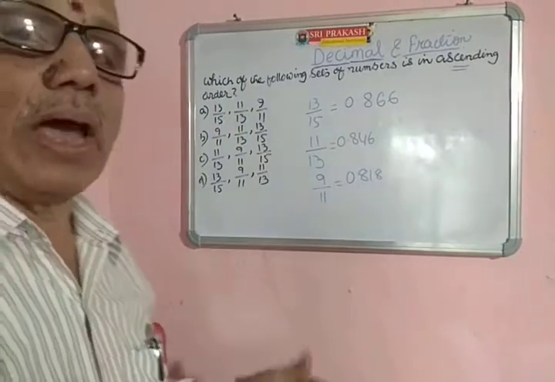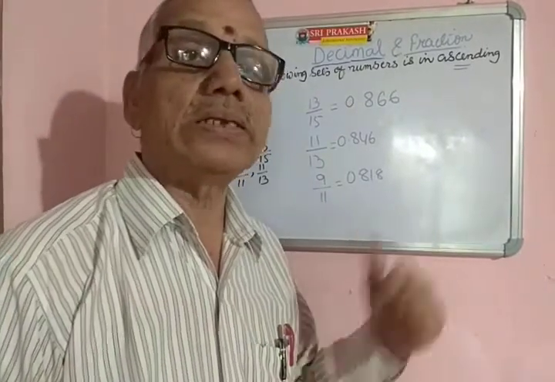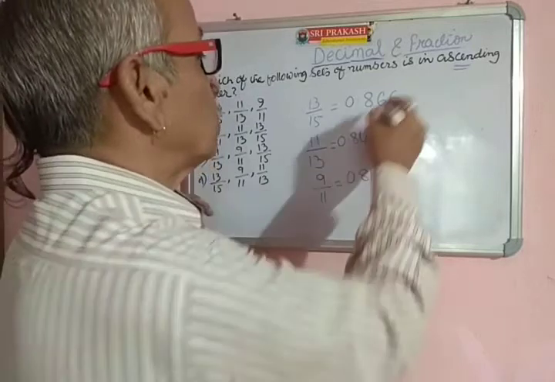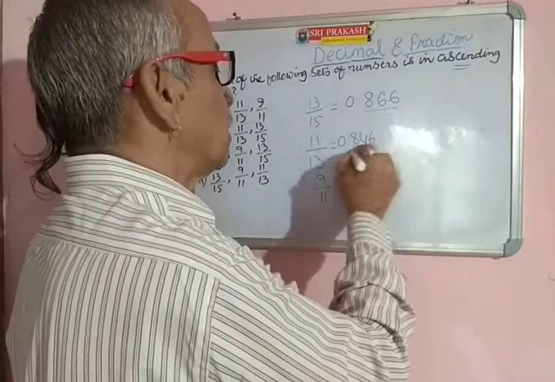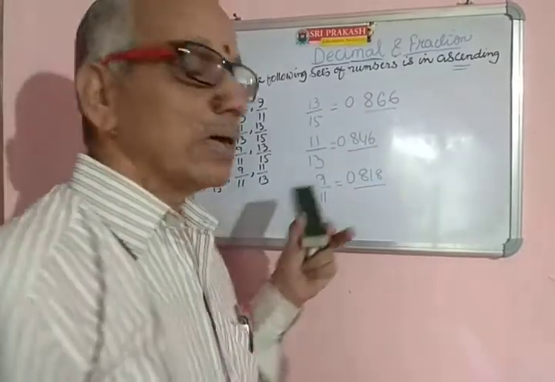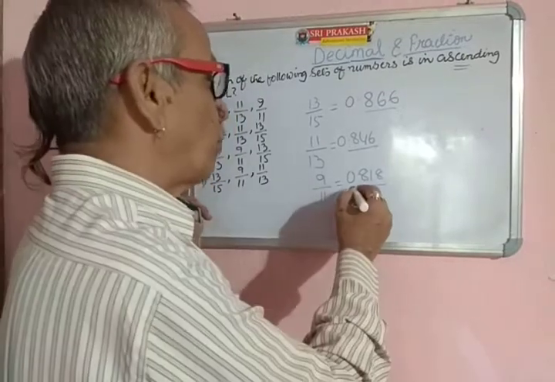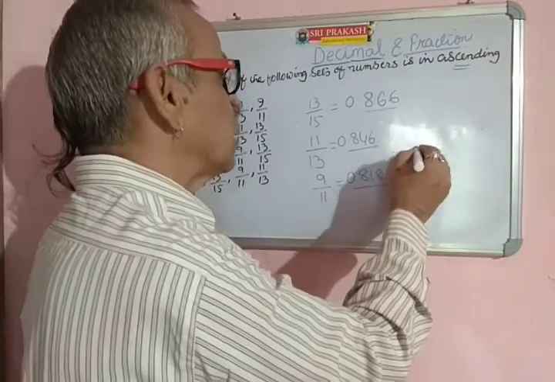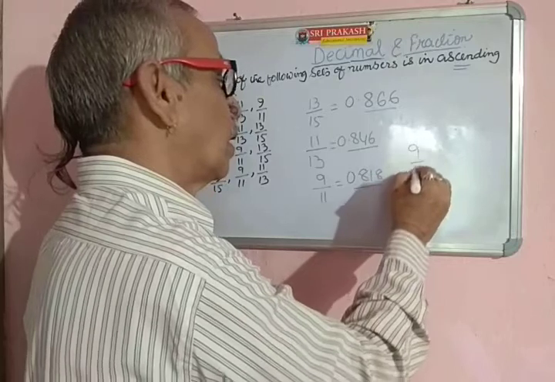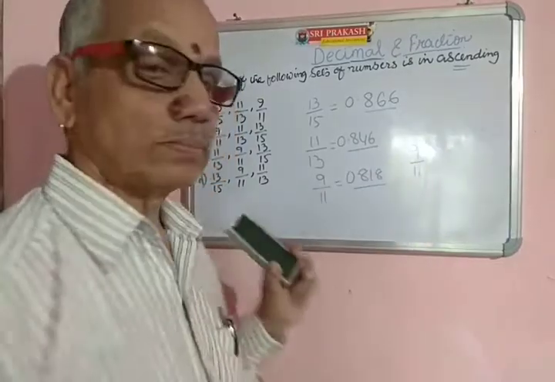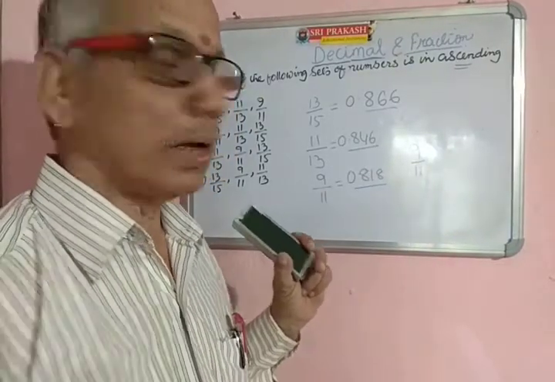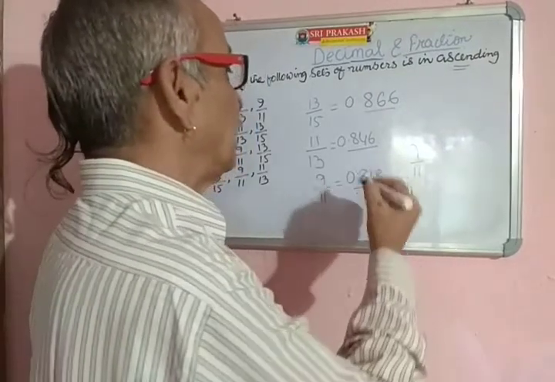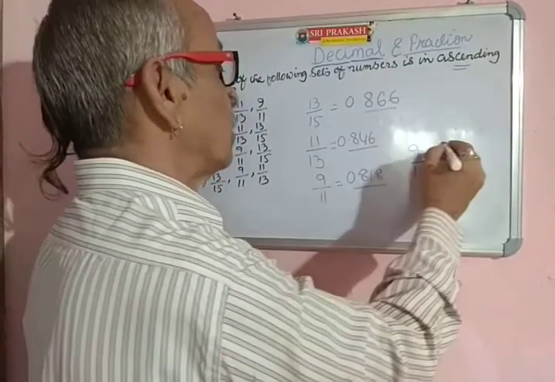Now we can keep them in ascending order very easily. So which one out of these three decimal numbers is the least one? 0.818. Clear?